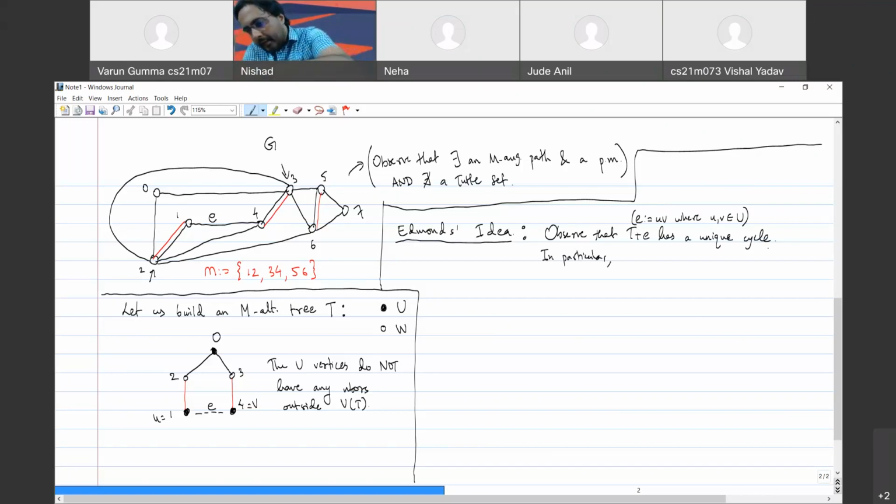Let's call this cycle Q. In particular, Q is an odd cycle because you have joined 2 black colored vertices. So his idea was: shrink Q into a single vertex. Let's call it little q.